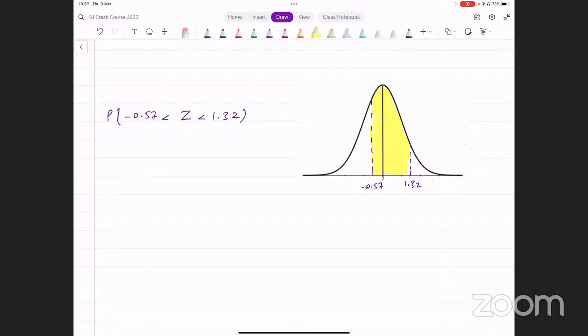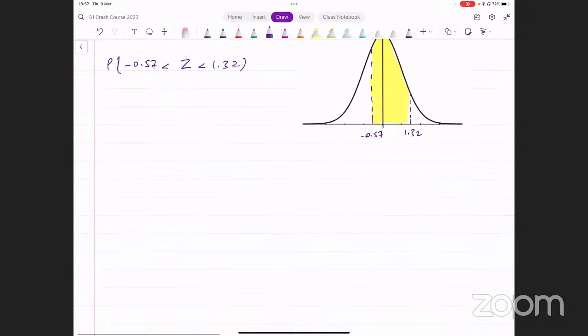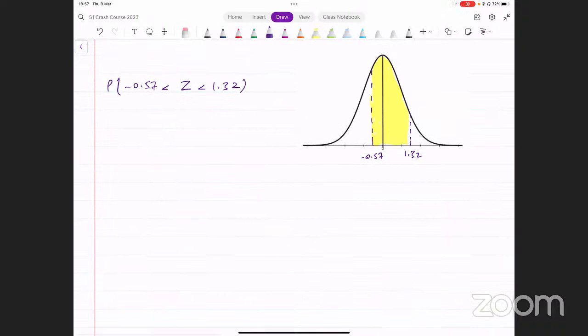Now, for negative numbers, what we have been doing before is that we used to flip the curve, right? So that the negative goes to the positive side. But the problem here is if we do flip this, minus 0.57 will become plus 0.57. However, the problem is 1.32 will become negative in that case. So that's not going to be very helpful.